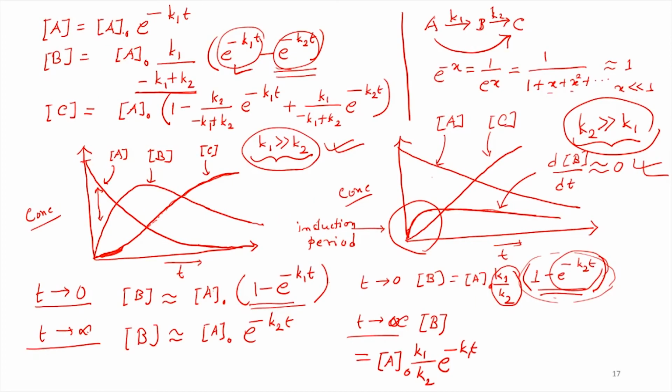And that's exactly what you saw: A is decaying, and B is growing at the same rate. But after some time, when A has been completely consumed, B only decays, and then C rises at the same rate as B is decaying.